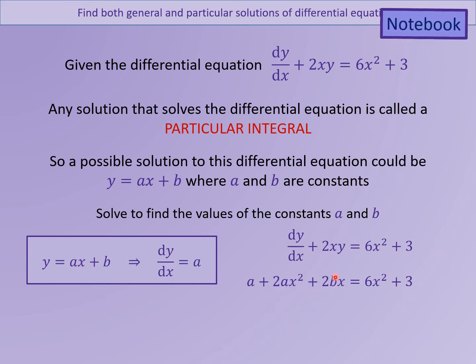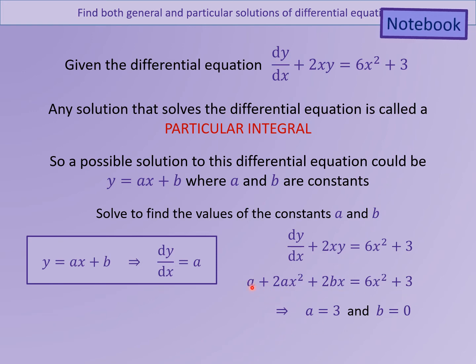And now I'm in a position to say I know exactly what a is, because the only way I'm going to get x squared on this side is from this part of the function. So I can see that a has to be 3. And the only way I'm going to get the constant on its own, no x values at all, is if b equals 0. So that part just there has been figured out using my skills.